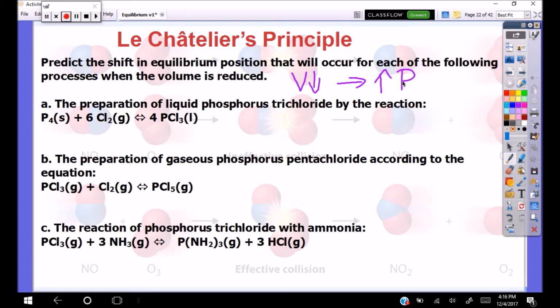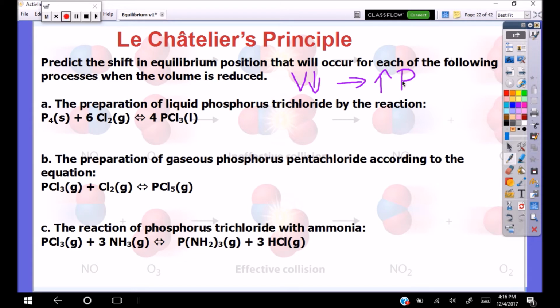So the first one, if we look, the preparation of liquid phosphorus trichloride by the reaction P4, which is a solid, 6 chlorine gas, and we end up with 4 PCl3, phosphorus trichloride, which is a liquid. Okay, so if we are trying to think about how this will affect the shift, what happens to my reaction when I increase pressure?